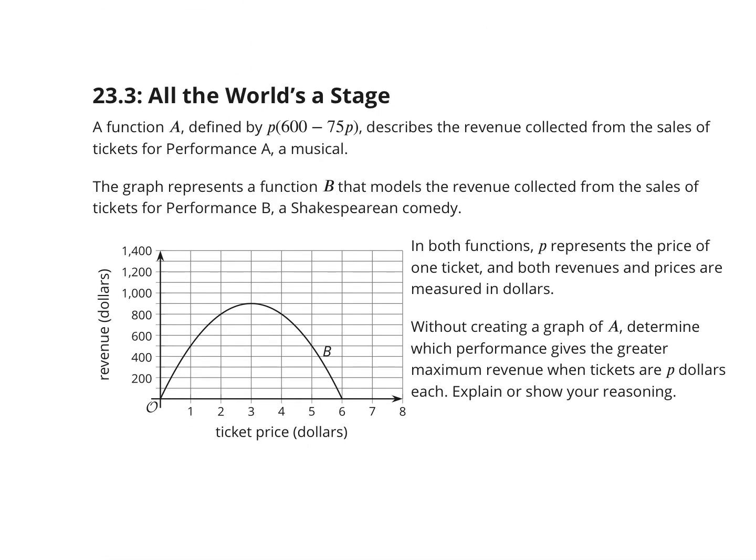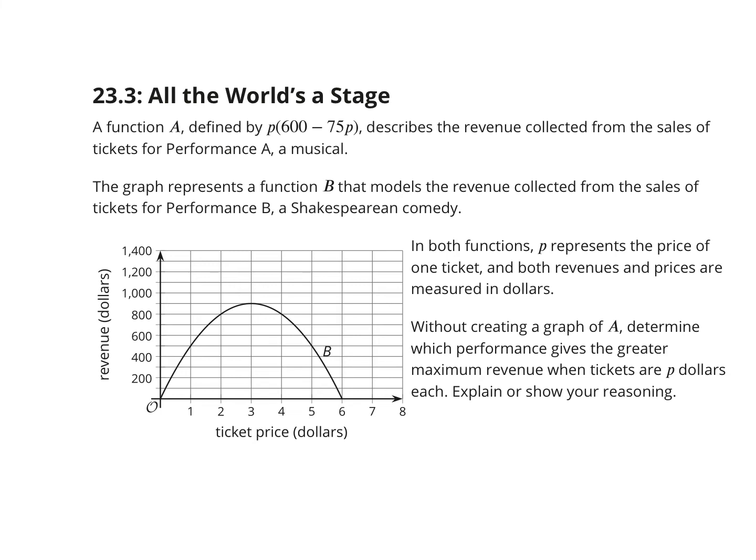All right, in this activity, it says a function A defined by p times 600 minus 75p describes the revenue collected from the sales of tickets for performance A, a musical. The graph represents a function B that models the revenue collected from the sales of tickets for performance B, a Shakespearean comedy.